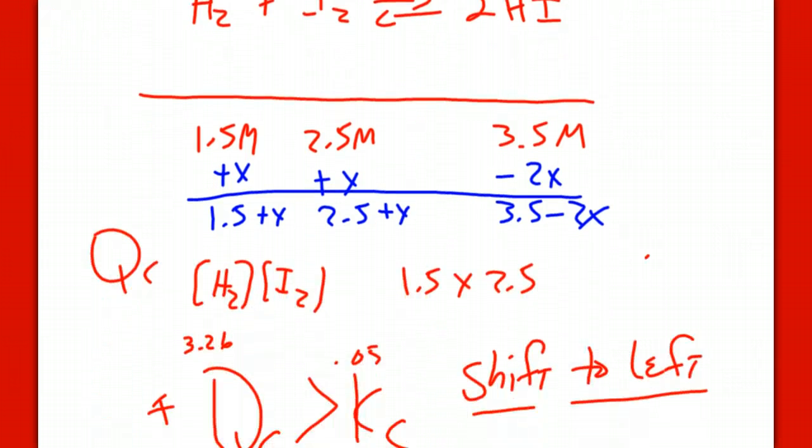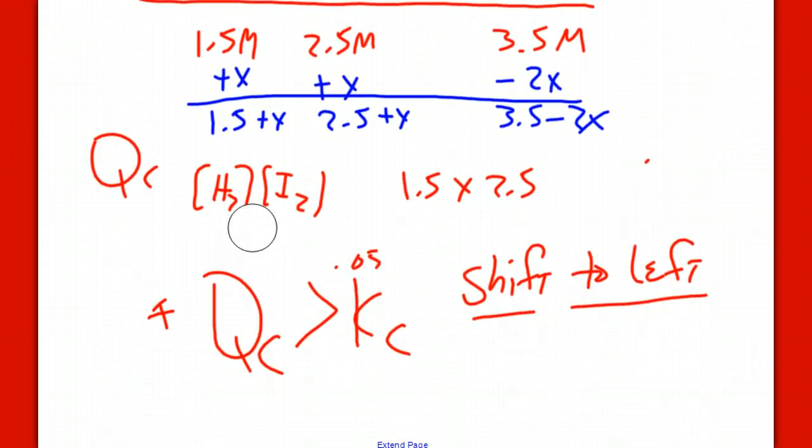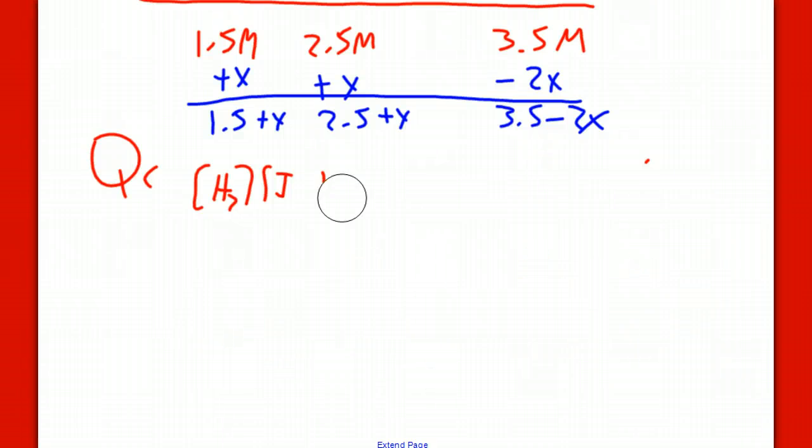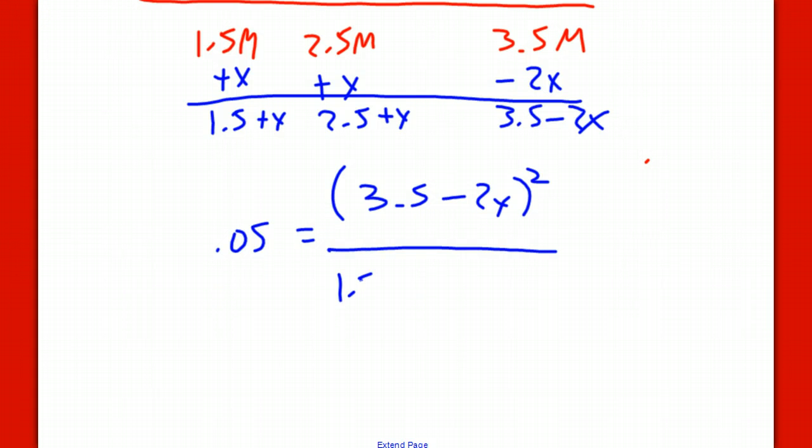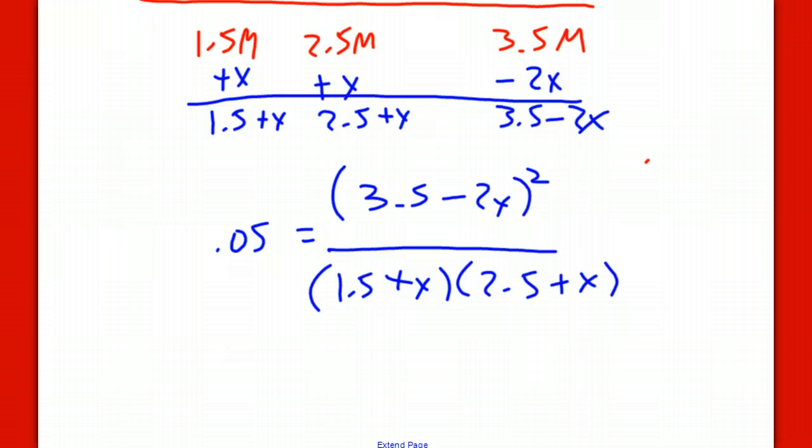So let's plug and go here. Let's get rid of this here and plug it in. 0.05 equals 3.5 minus 2x quantity squared over 1.5 plus x times 2.5 plus x. Okay, that's it. Your job is to solve for x.